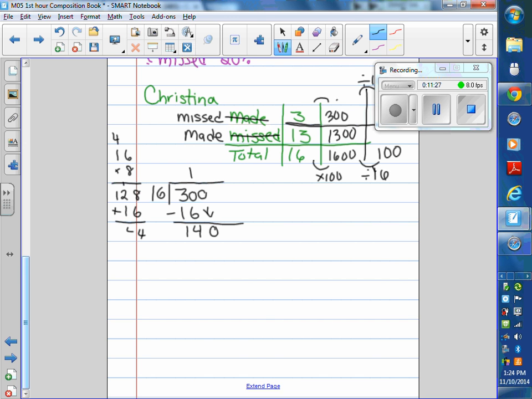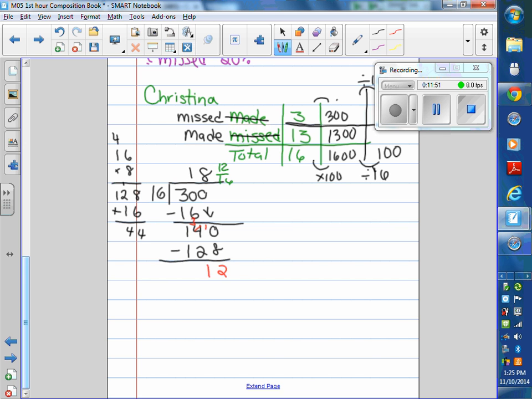So we want 16 times 8. We get 128. Once in a while, you have to do the division. And when you subtract here, you get 12, right? So your answer is 18 and 12 sixteenths.